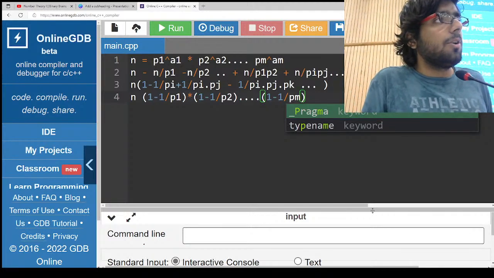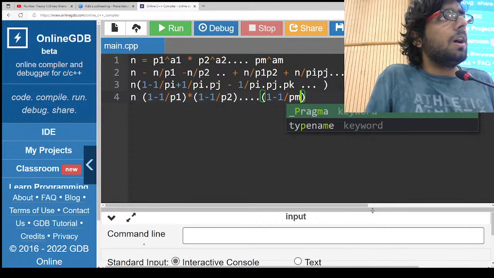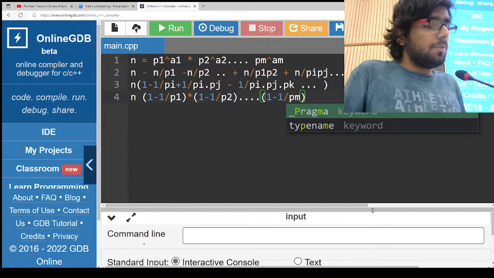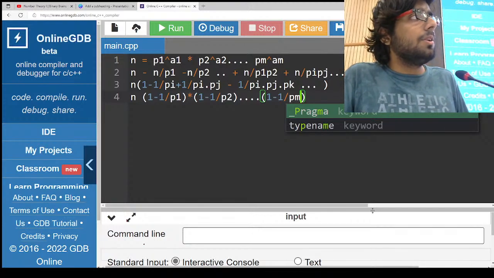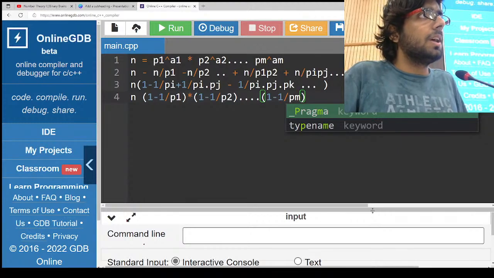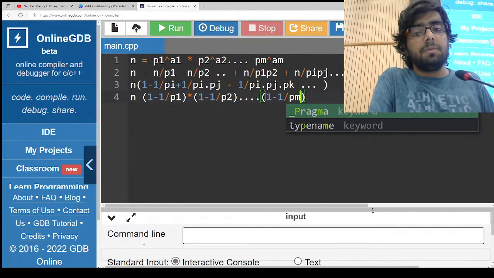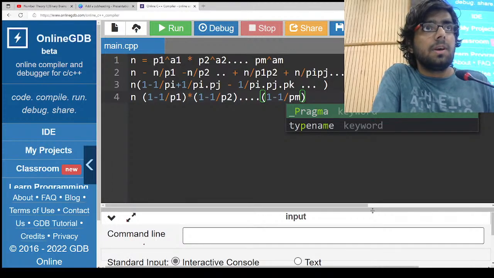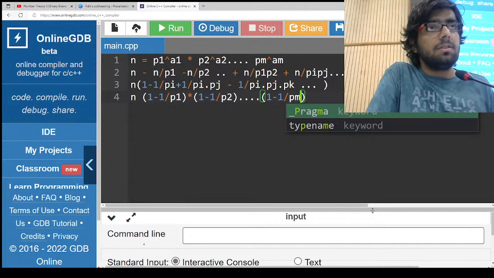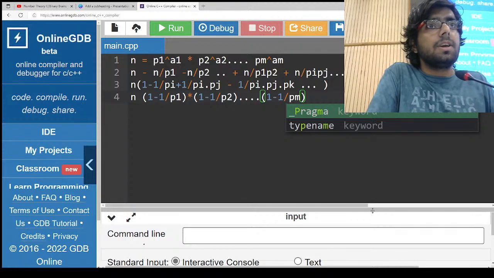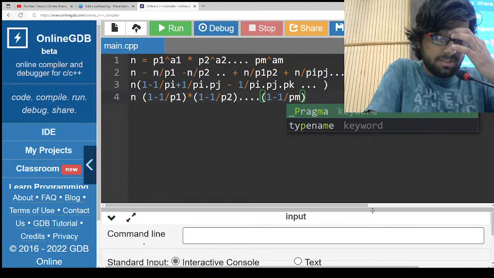If we want to find it for all numbers, we go on each prime p, and for each of its multiples, we multiply. Initially we take the Euler totient function of i as i for every number, and once we encounter a prime number p, we go on its multiples and multiply by p minus 1 by p. In the end, we will get the Euler totient functions from 1 to n. And we can see that the complexity will be n log n.